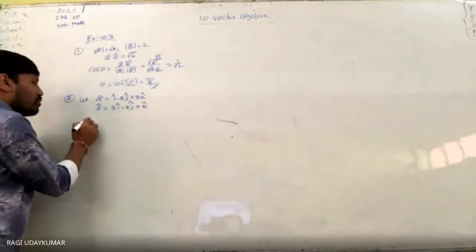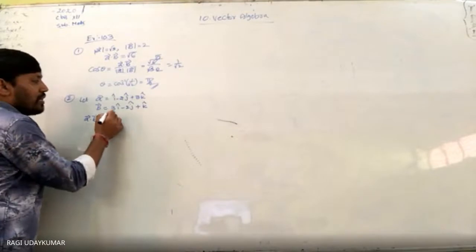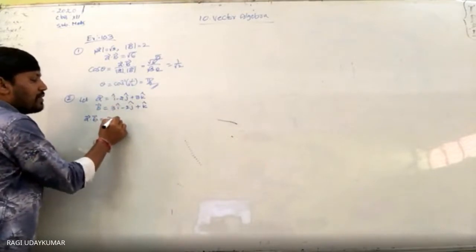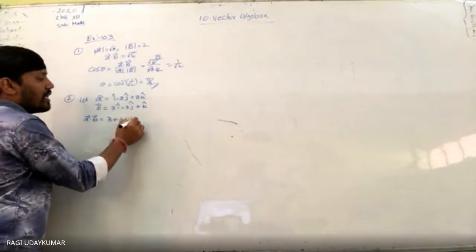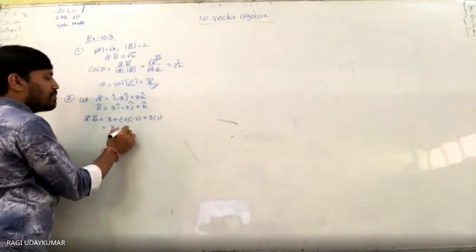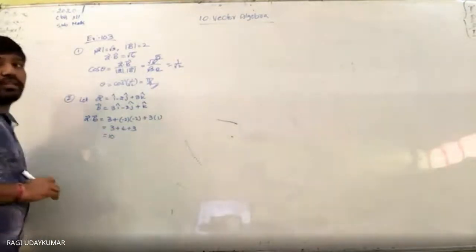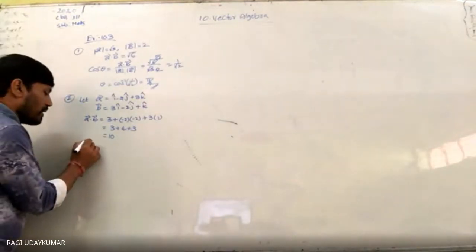Angle between the two vectors means first talk about the dot product. What will the dot product come to? 1 into 3, 3, plus minus 2 into minus 2, plus 3 into 1, which is equal to 3 plus 4 plus 3, which is equal to 10. The dot product of these two vectors is equal to 10. Understood? So very simple here. Take the magnitudes.